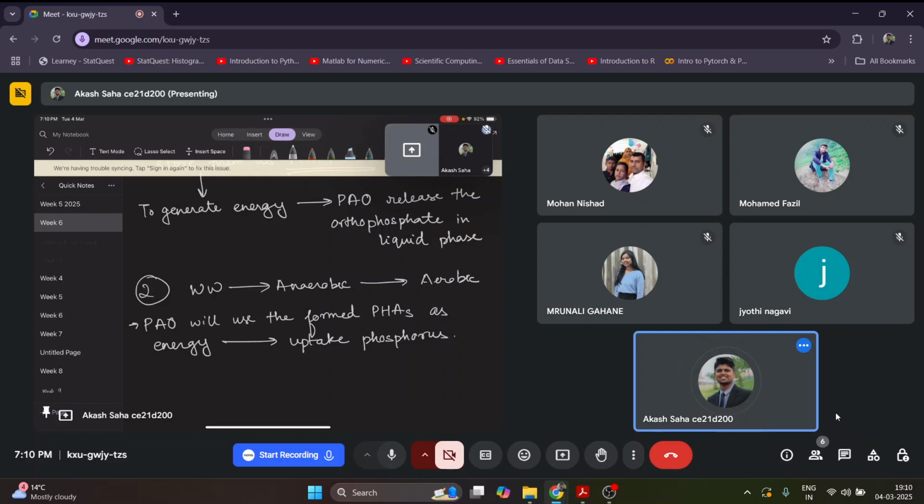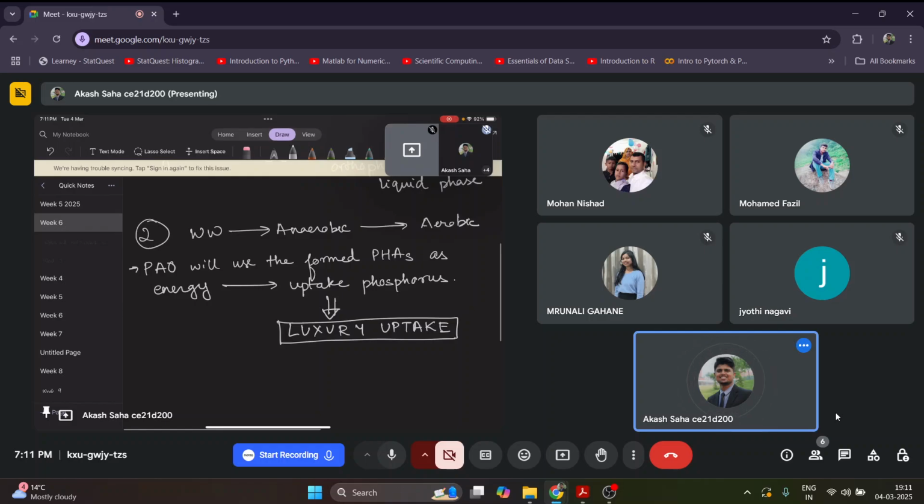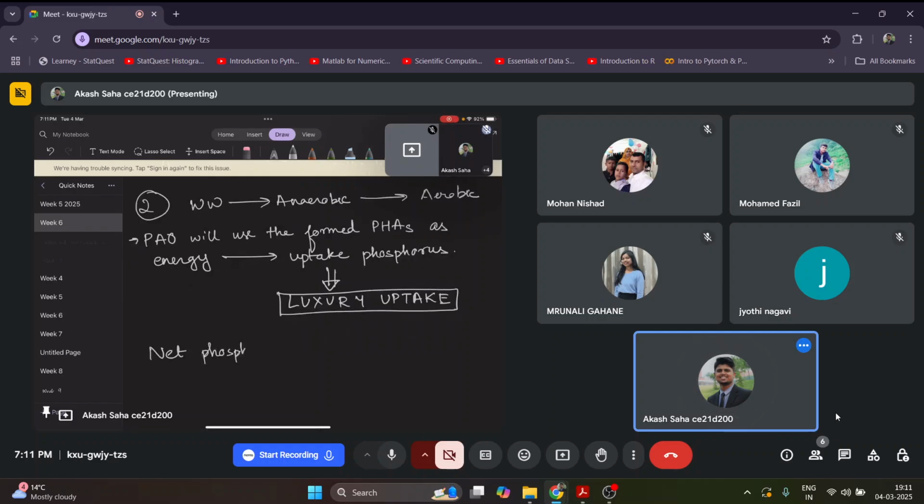This taking back of phosphorus is known as luxury uptake. Why is it called luxury uptake? Because whatever phosphorus is required for them to survive, they will take more than that. In that way, net phosphorus is getting removed from the system.